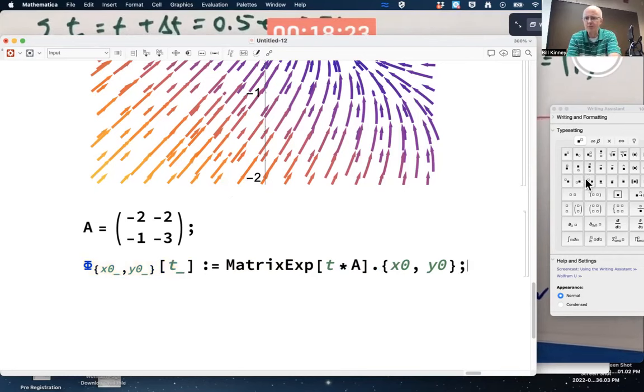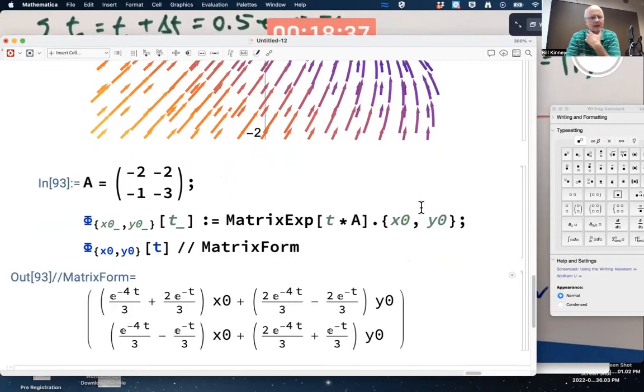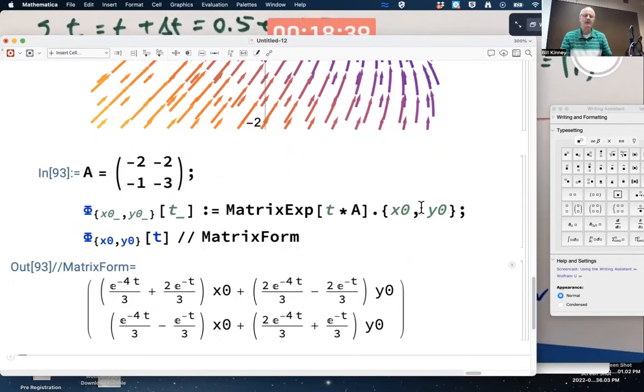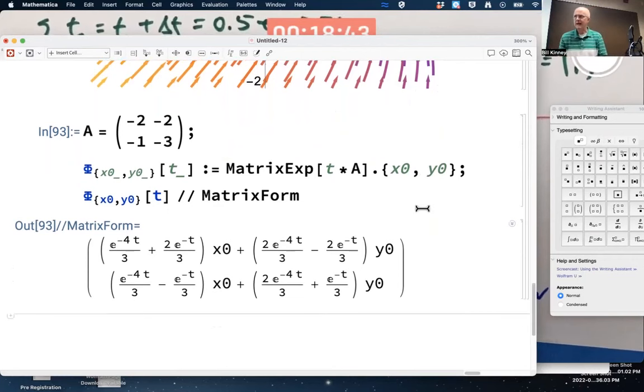Semicolon just suppresses output in case I've forgotten to mention that to you. I would like to see what this formula looks like in matrix form. Maybe we have to simplify it as well. Well, that's not too bad. I showed this to you last time. You could confirm this with DSolveValue. I did that last time.